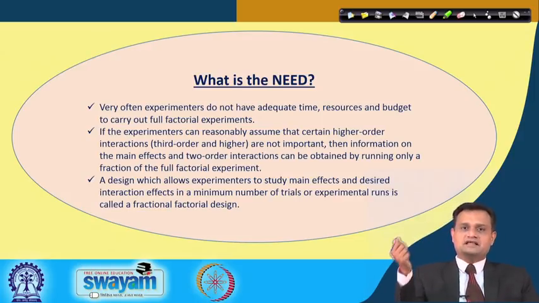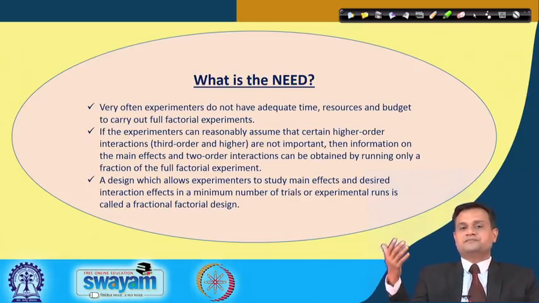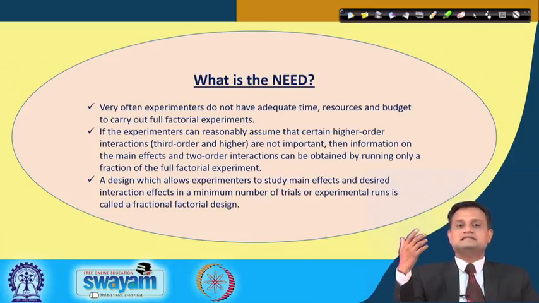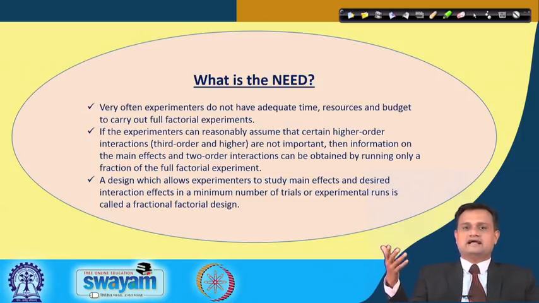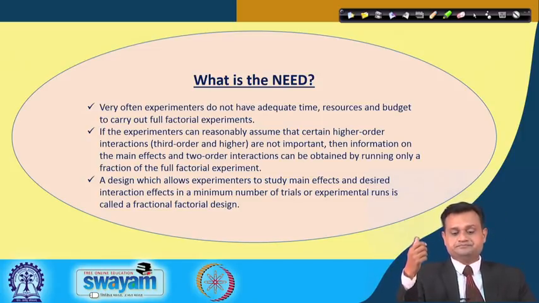Smarter way means the experimentation strategy which can help me to consume less amount of resources, whether time, material, manpower, and without compromising much with the inferences that I can draw from the experimentation and analysis. If I can do this, then I would be conducting my experimentation in a smarter way.